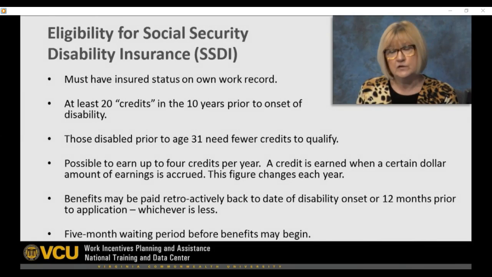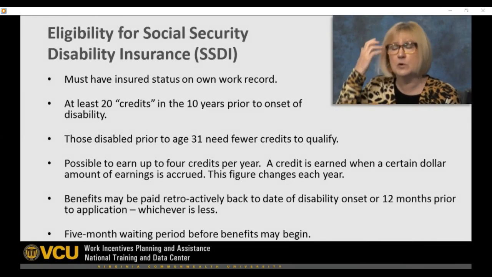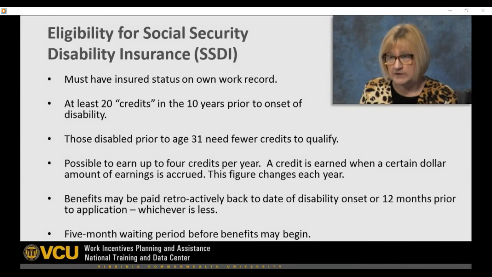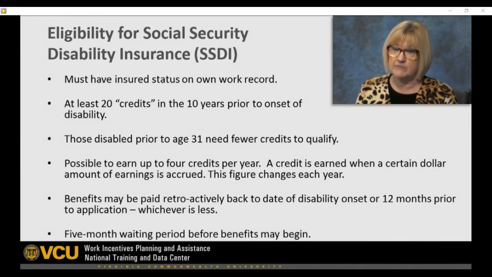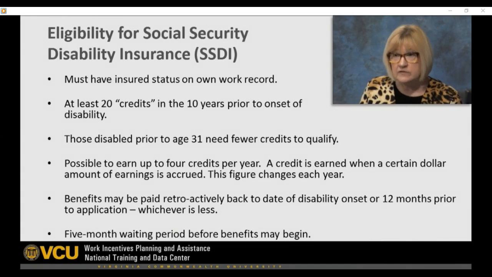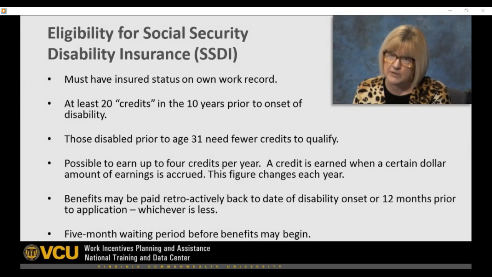Now, something important to know in this program is that when you apply, if you're found eligible, there's a 5-month waiting period before cash payments can begin. This is just something to know. So if I applied today and I'm found eligible backwards in time, retroactively, from the date of eligibility, I have to serve a 5-month waiting period before checks can start.